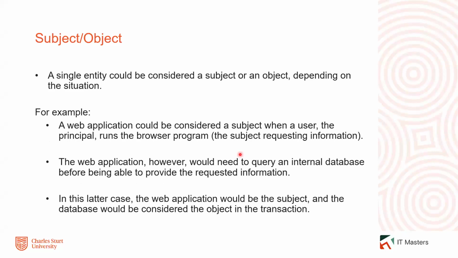For example, a web application could be considered a subject when a user runs a browser program and requests access to that website. The web application might need to query an internal database to retrieve some information on the user's behalf, in which case the web application becomes the subject, and the object is the database server that it's querying.